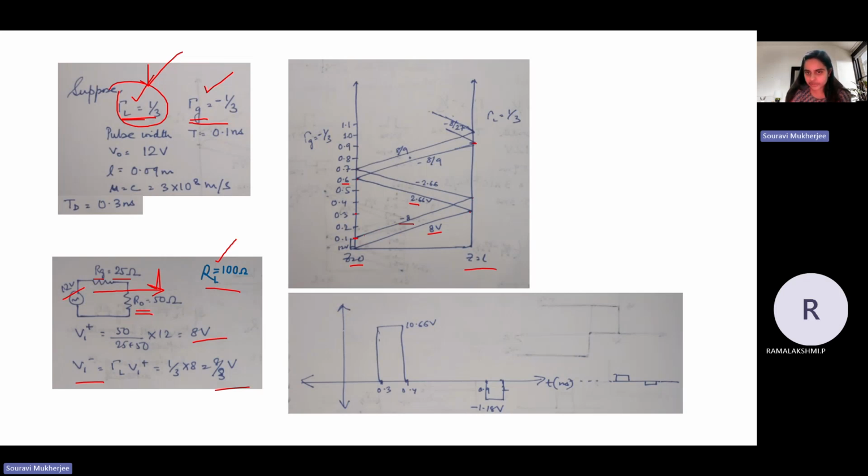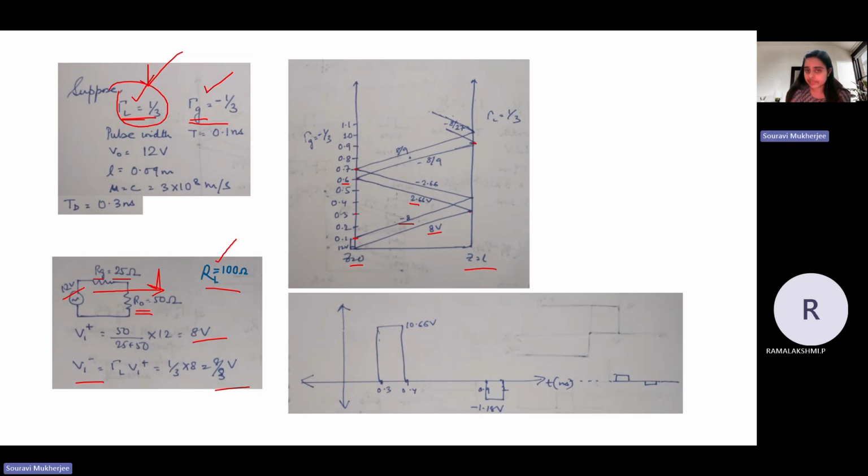So if it starts at 0.1, it will reach here at 0.4 seconds, right? Similarly, if you just keep on multiplying the reflection coefficients accordingly, here we'll again multiply by 1/3. That will give you minus 2.66. It would reach the generator at 0.7 seconds. Okay, so 0.4 plus 0.3.